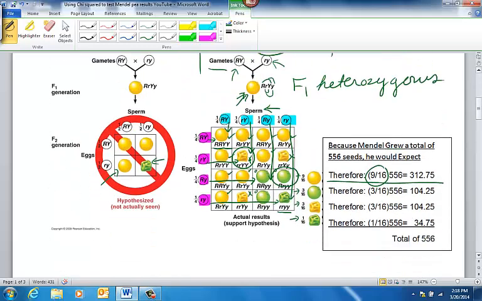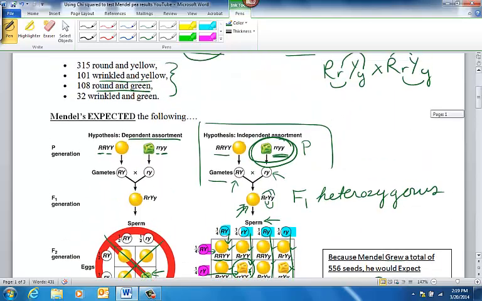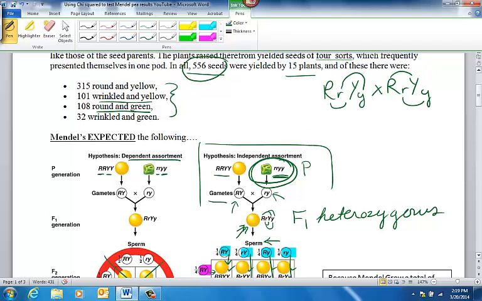So we can automatically discount that. That hypothesis is rejected by the simple observation that he grew 101 wrinkled yellow and 108 round green peas, which would not be possible if round and yellow had to stick together and if wrinkled and green alleles had to stick together.